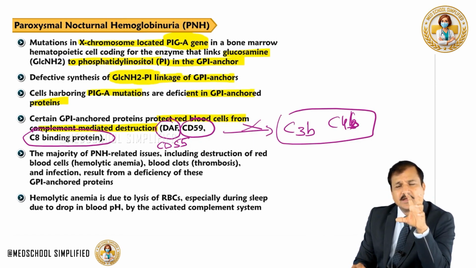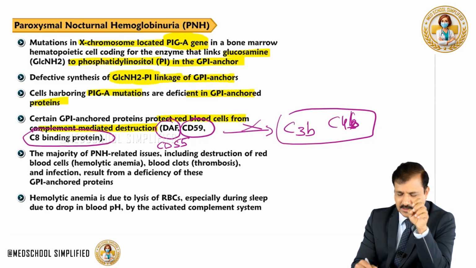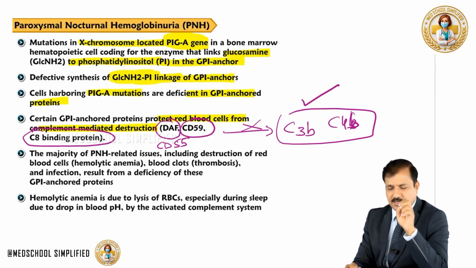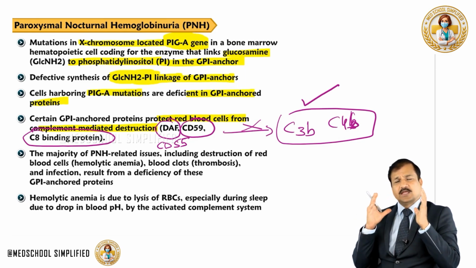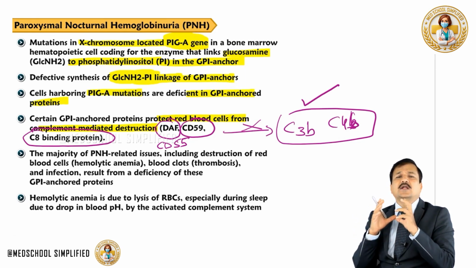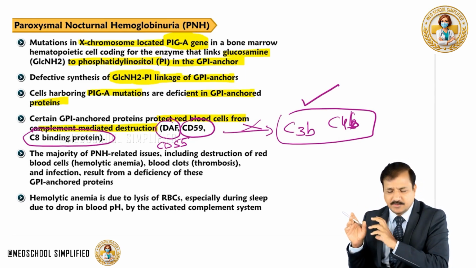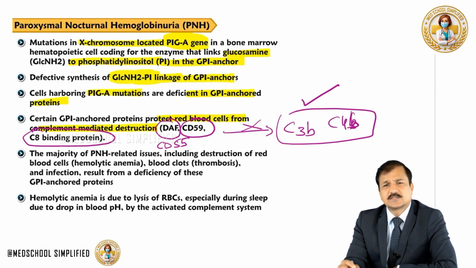Whenever red blood cells have DAF, CD59 and C8 binding protein over the cell membrane, they are going to prevent activation of C3b and C4b. Thereby, they decrease the classic and alternate complement activation pathways and do not allow red blood cells to be lysed. That means they are going to protect our red blood cells from complement mediated lysis.